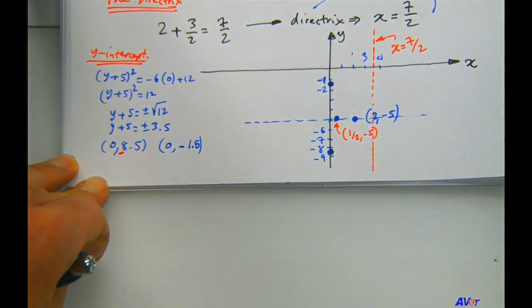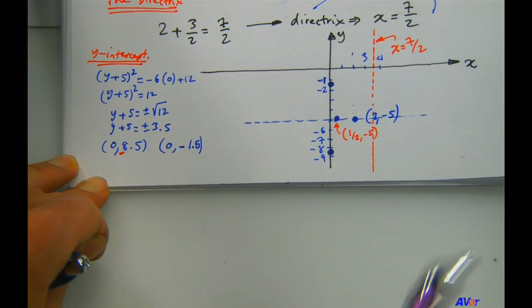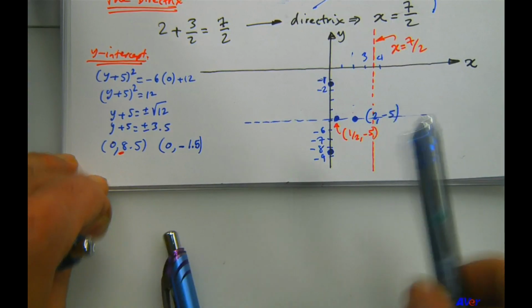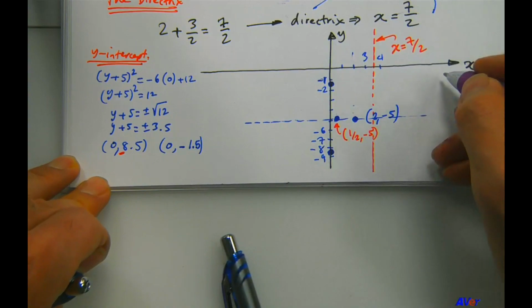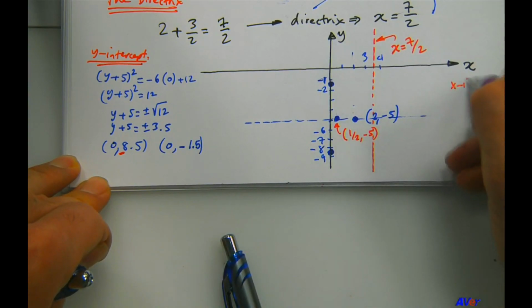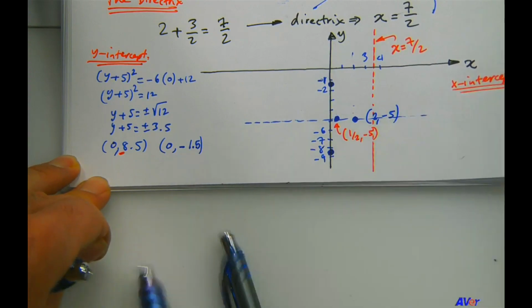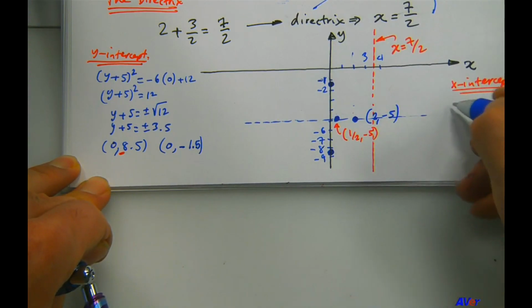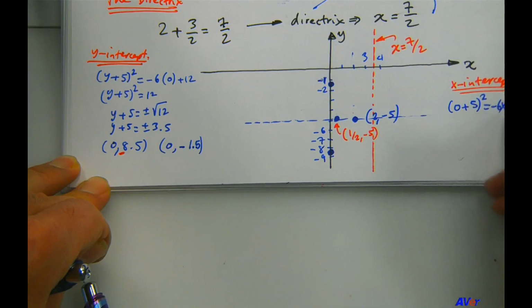And the x-intercept would be, we can calculate that. Let me, because I have only this space left here. So the x-intercept, so we have 0 plus 5 squared equals minus 6x plus 12, right?